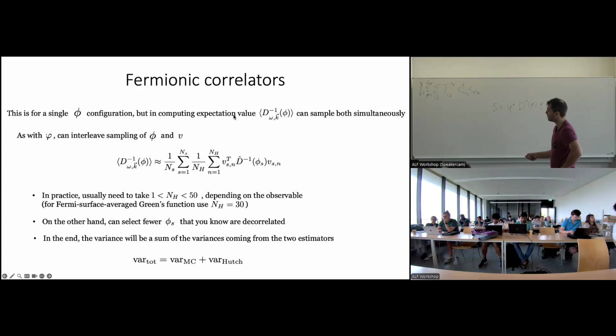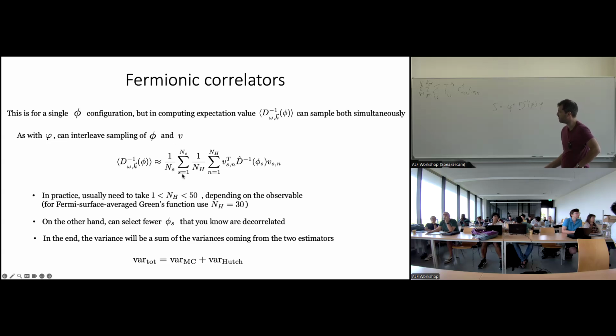But actually, in computing the expectation value of this object, if I want, let's say, D inverse at omega and k of phi averaged over phi, I can sample both simultaneously. So in other words, we can now interleave the sampling of your Markov chain, of your MCMC configs, and this new random variable V, which is just plus and minus ones.